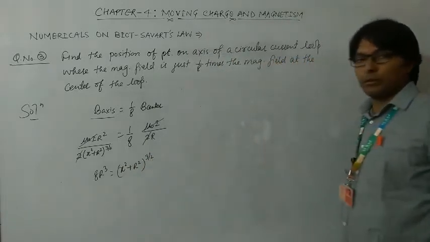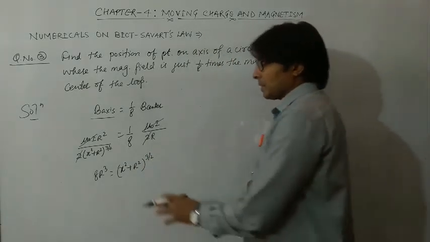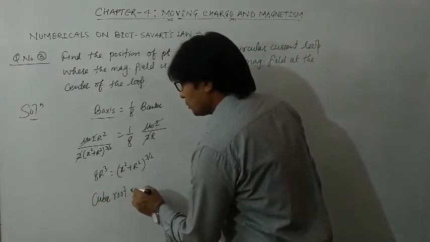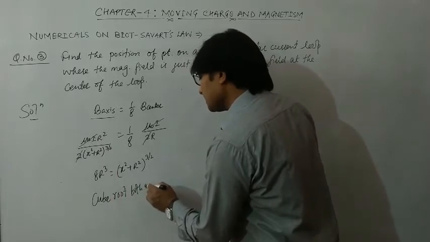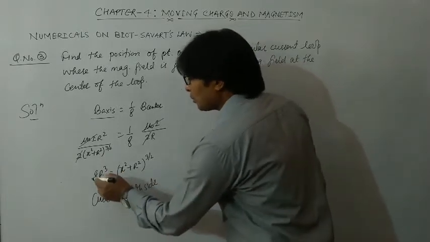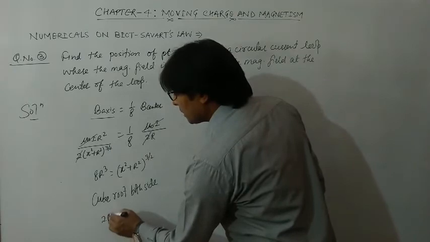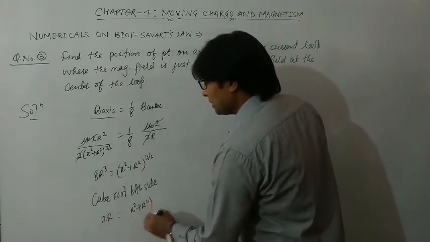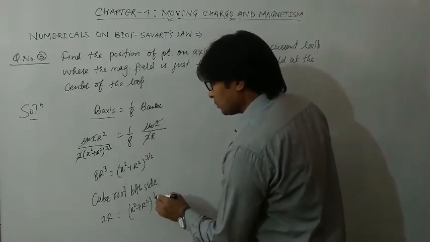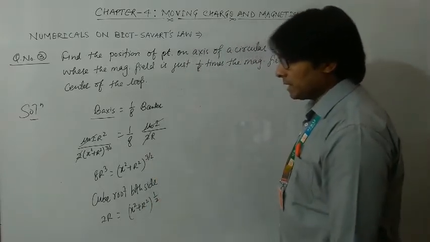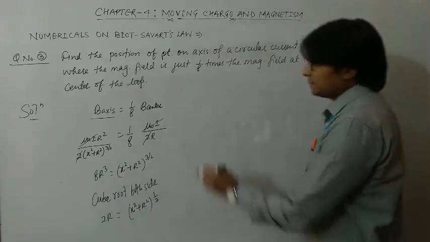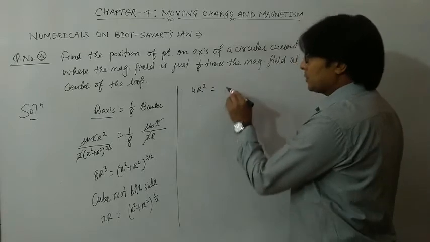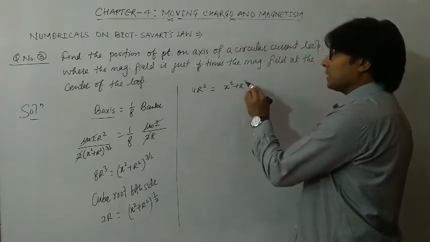Now what we will do, we will take the cube root on both sides. Taking the cube root on both sides, the cube root of 8 r cube will be 2r, and the cube root of x square plus r square raised to the power 3 by 2 will be x square plus r square raised to the power 1 by 2. And now squaring both sides, 4 r square is equal to x square plus r square.